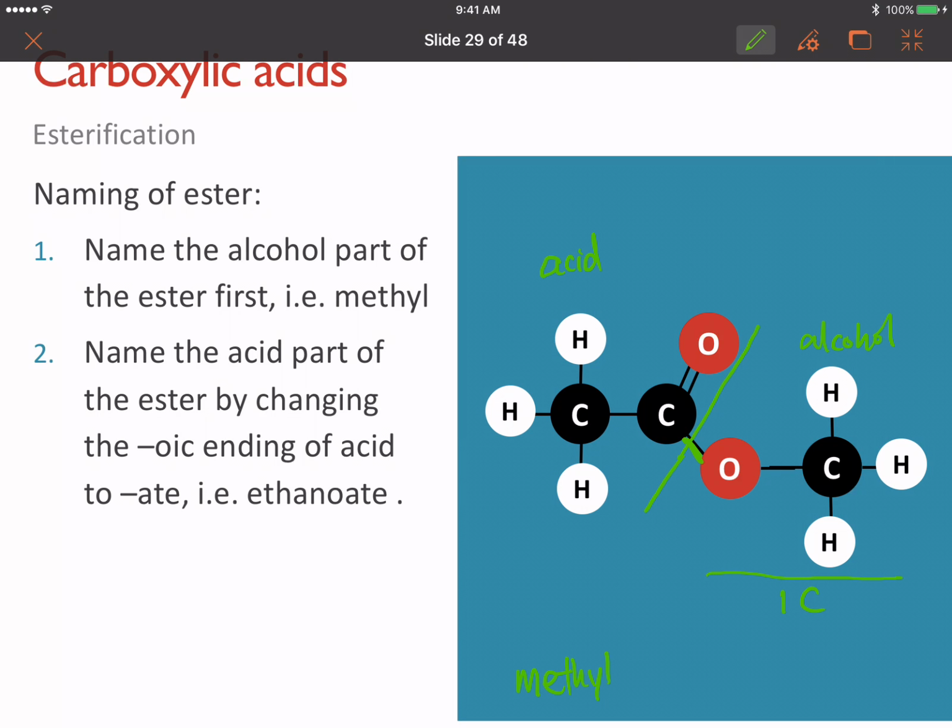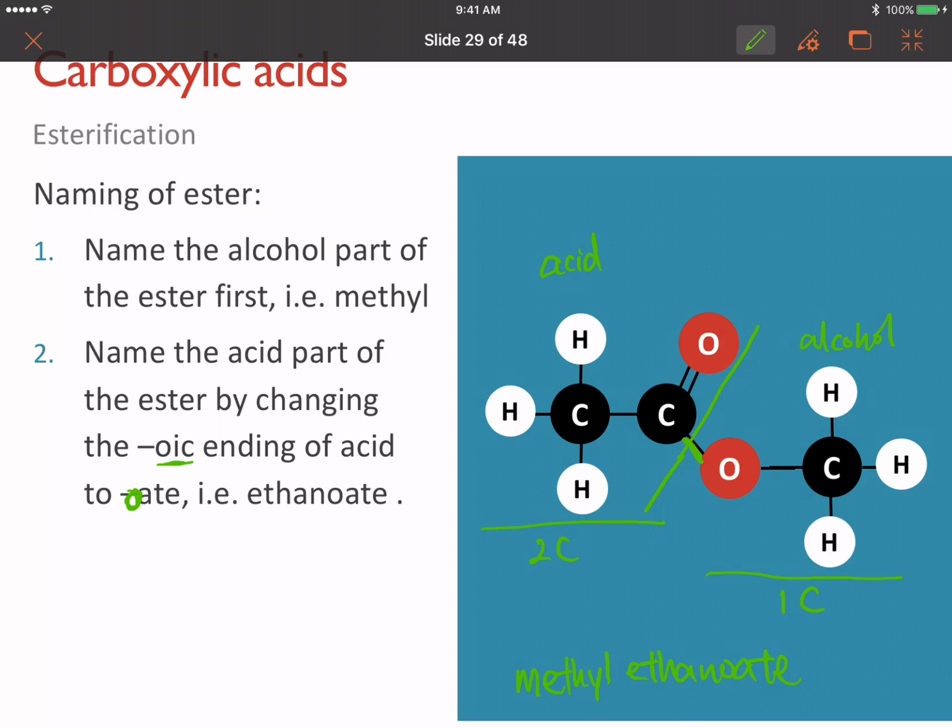Then next, I name the acid portion. In the acid portion, I have 2 carbons. So it is ethanoic, but instead of oic, it's actually oate.